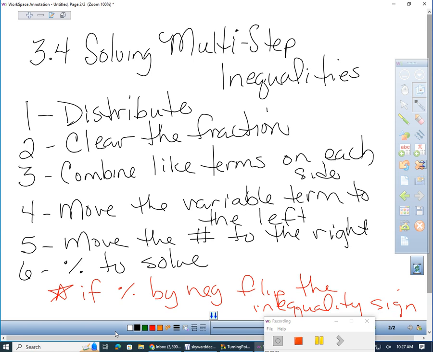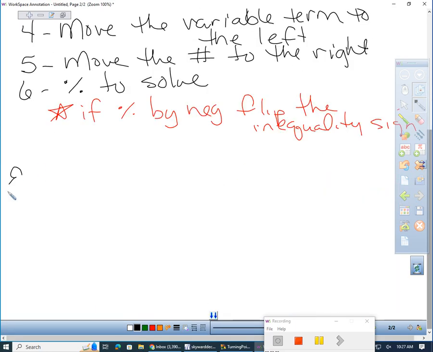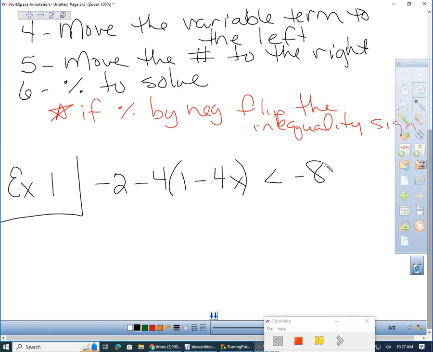Okay, so we're actually going to start with example number 1. Example number 1, let's say I have -2 minus 4 times 1 minus 4x is less than -86.